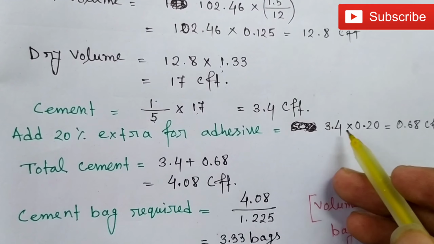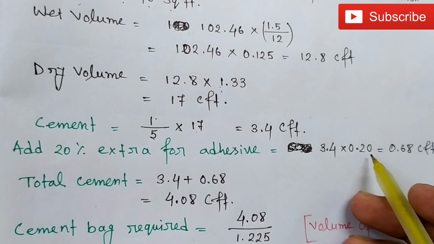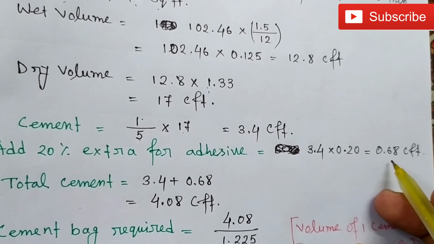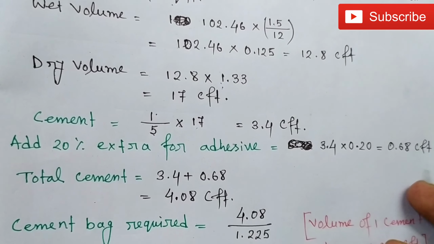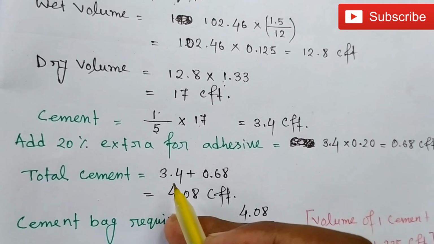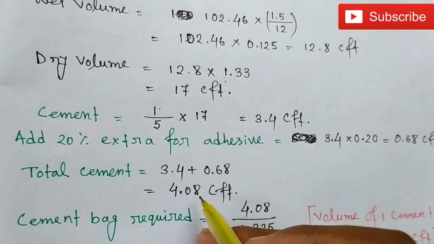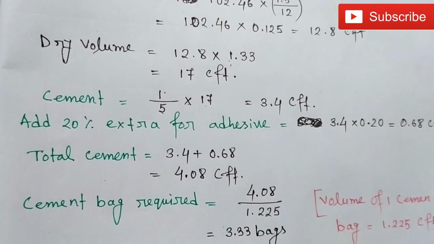For 3.4 into 0.20 means 20% equal to 0.68 cubic feet. So here our total cement is 3.4 plus 0.68 equal to 4.08 cubic feet.